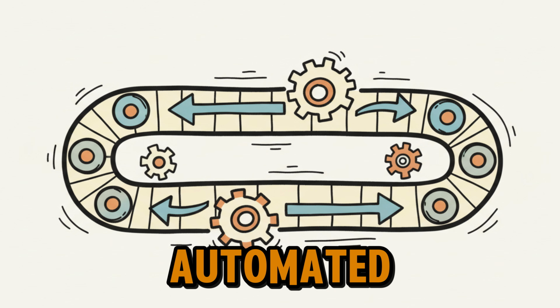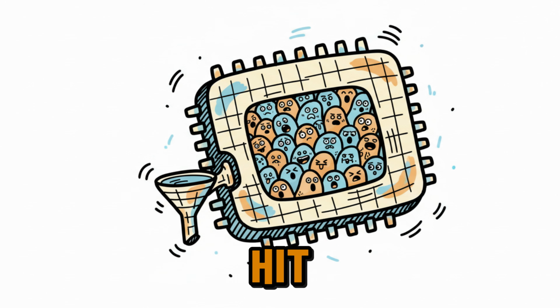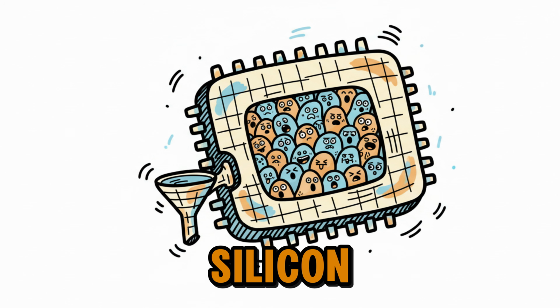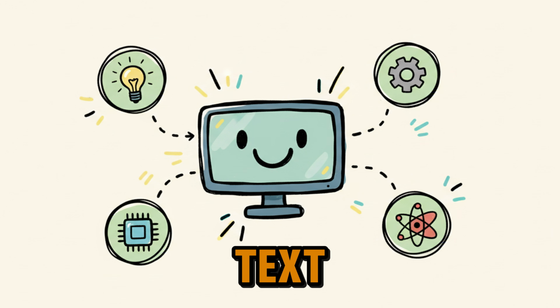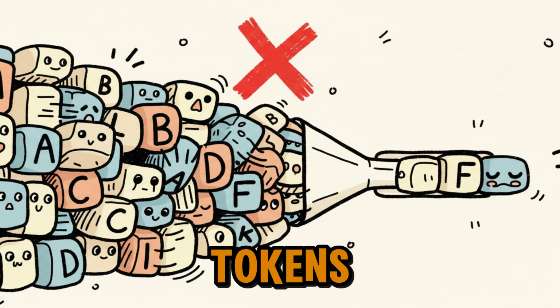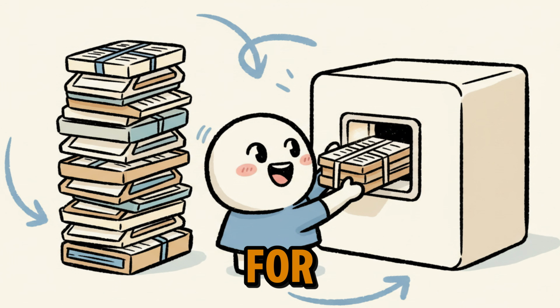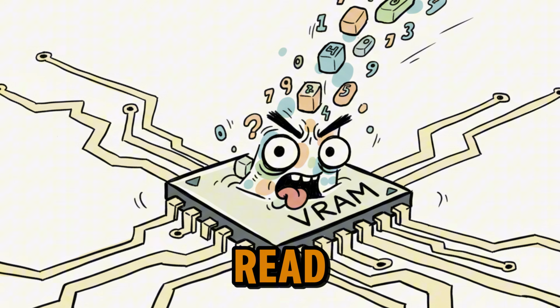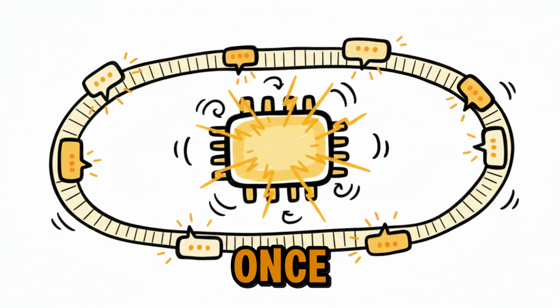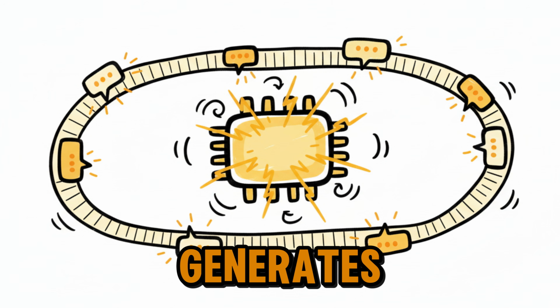However, even inside this automated workflow, local operators hit a second hidden bottleneck: the physical architecture of silicon memory. When generating text, an AI model cannot process tokens in massive parallel batches for a single user. It must read every single model parameter out of VRAM into the compute cores once for every single token it generates.